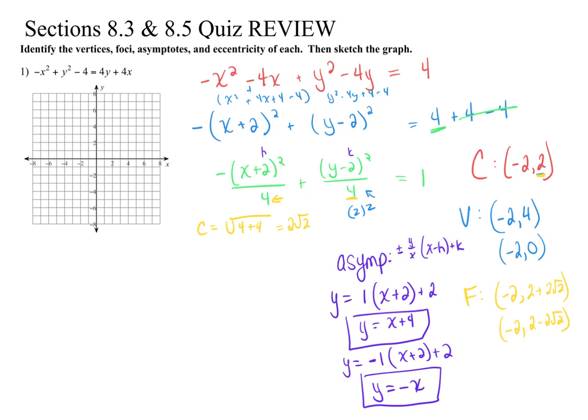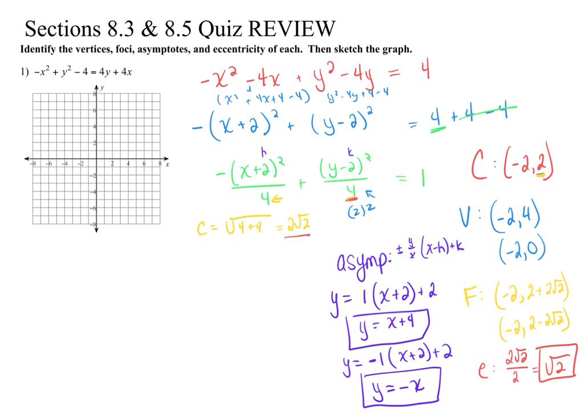So my eccentricity here is going to be C, remember my C was 2 square root of 2, over A. That's actually the value that is under my positive, right? So in this case, they're the same, but it's technically the value under my positive group, which is 2. That simplifies to just square root of 2. Okay, that's my eccentricity.